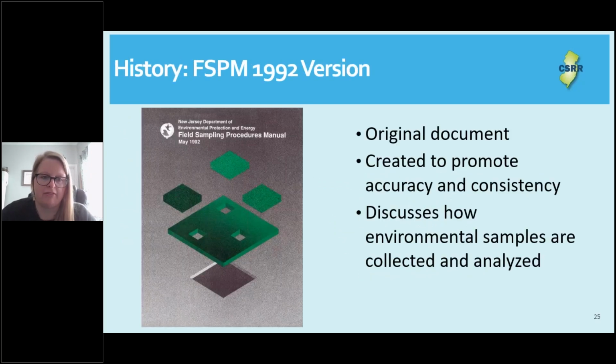A little bit about the history of the manual. The original document was put out for use in 1992. This was, of course, a paper copy only. It was created to promote accuracy and consistency, and it discussed how environmental samples are collected and analyzed.